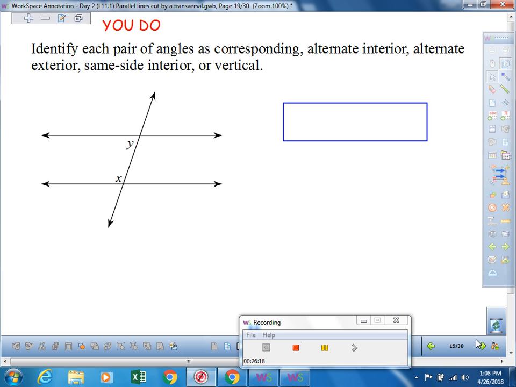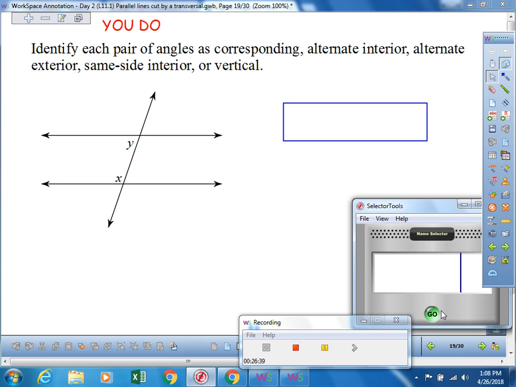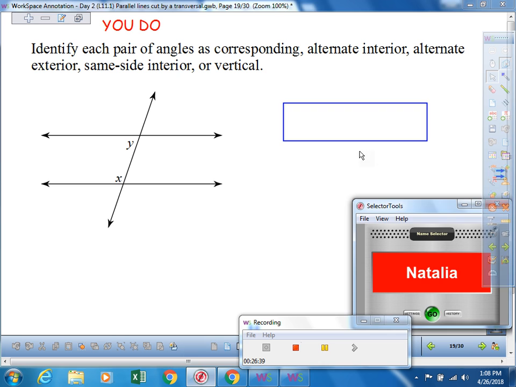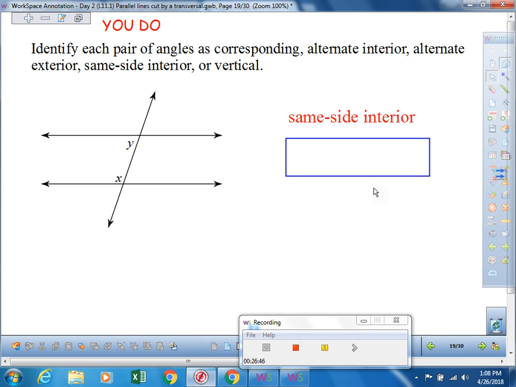Compare with your shoulder partner. Natalia? Same side interior, yes. They're both in the interior. They're both on the same side. All right, pencils down.